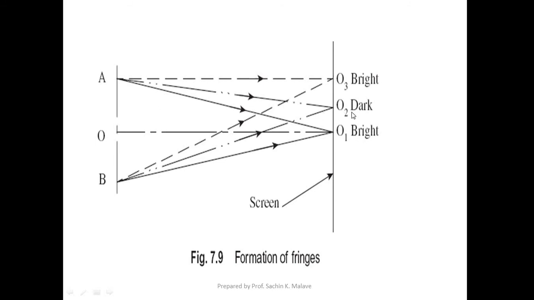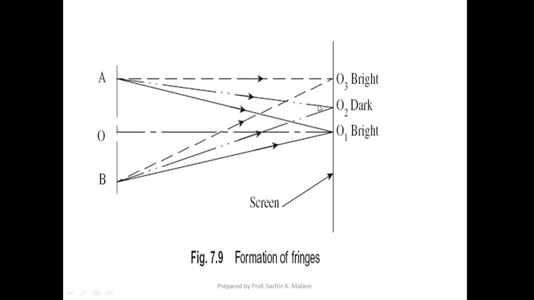So if the path difference is 0, then you are going to see a dark spot over the screen. What you will see? Dark spot. So one wave is going to cancel the other wave. When both the waves have started from the same origin, their amplitude is the same and the distance traveled by both the waves is the same.